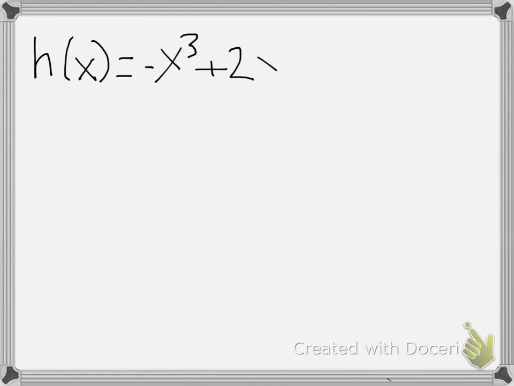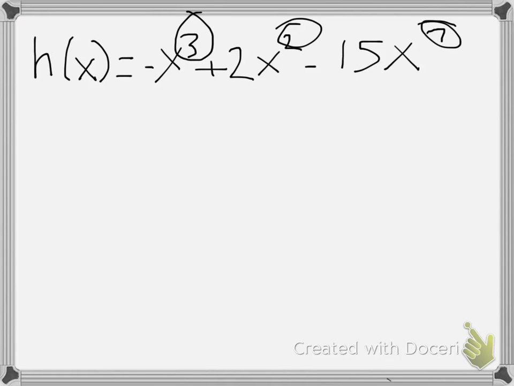For example, h of x equals negative x cubed plus 2x squared minus 15x to the 7th. And it has to be in standard form. Standard form is when the exponents go from biggest to smallest.